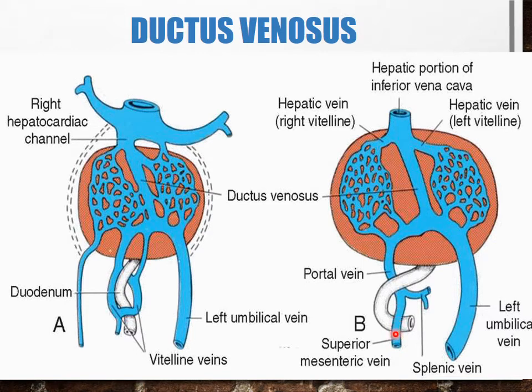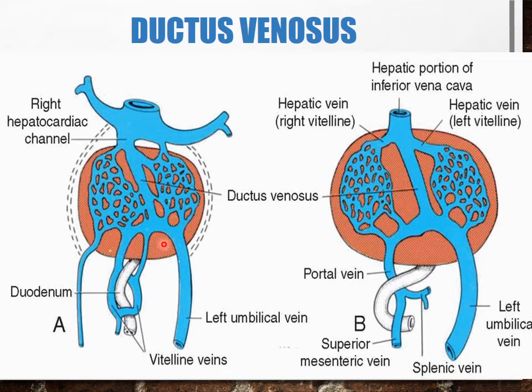So again, the right-sided vitelline vein is mainly responsible for draining the primary intestinal loop which is developing, and it gives the portal vein and superior mesenteric vein. So what about the left vitelline vein? It regresses and obliterates completely.